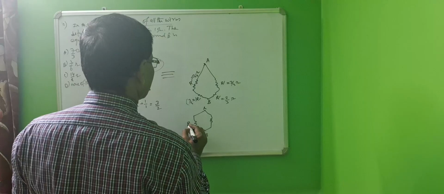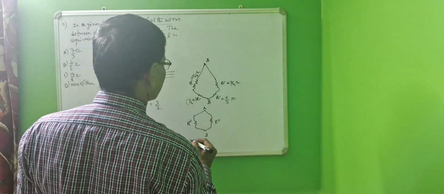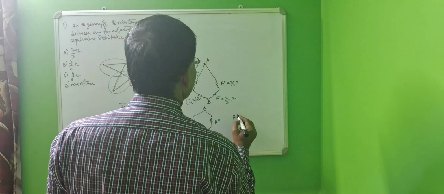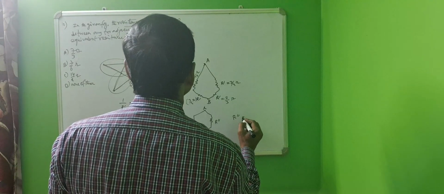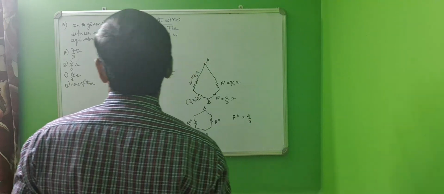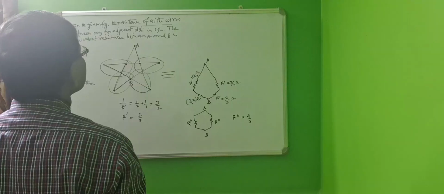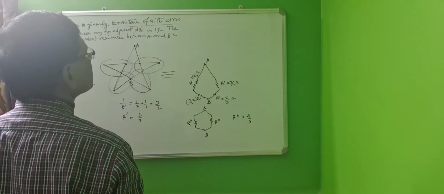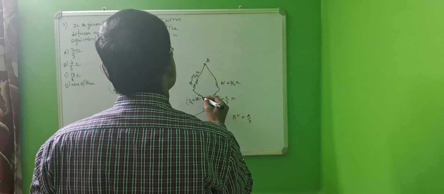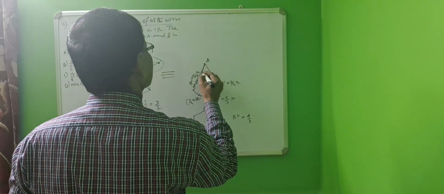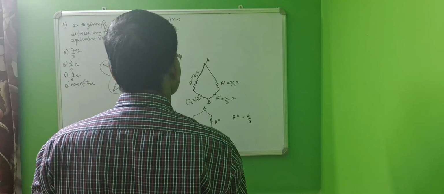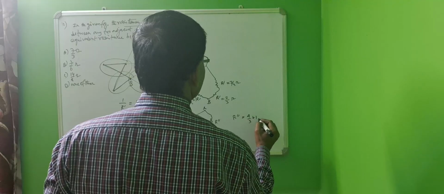So R double dash, here is also R double dash, we get R double dash equals 4 by 3. Here is 2 by 3 ohm, 2 by 3, and this one is 1, plus 1.